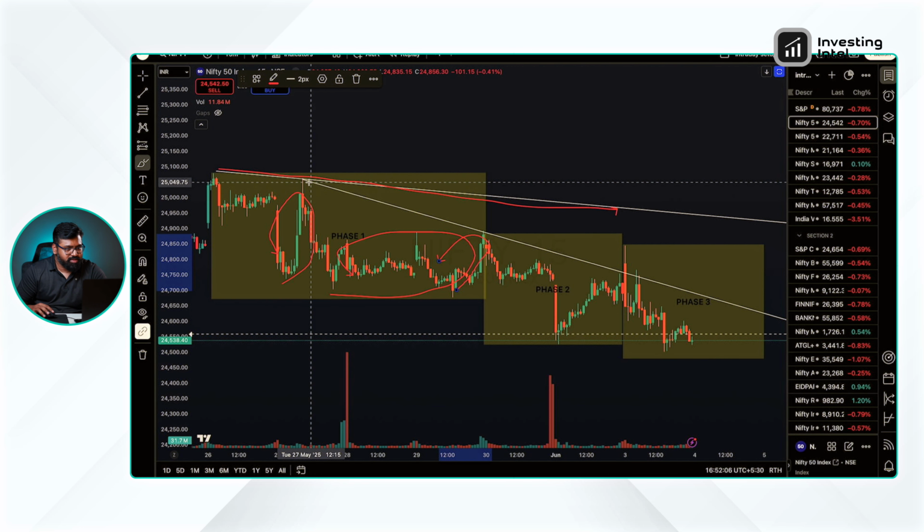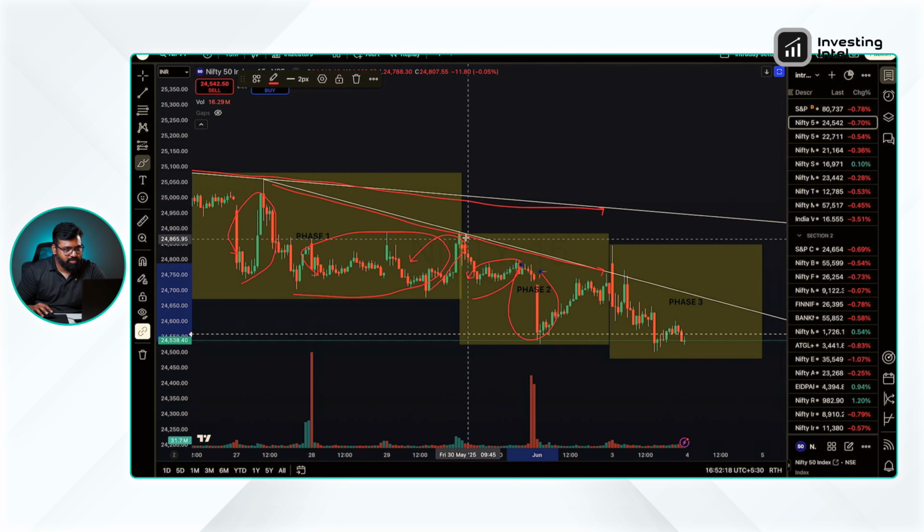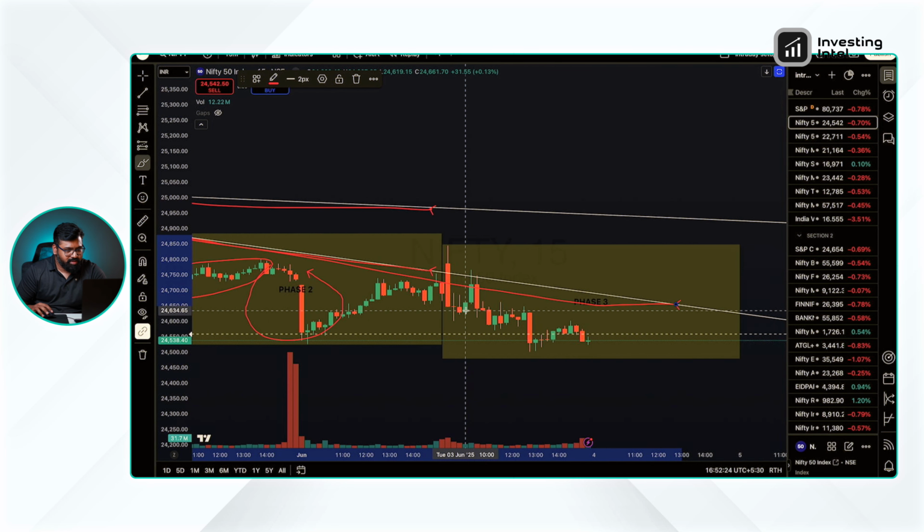This is the first, and this is the second phase of the trend, see the pullback and see the momentum. And when the market goes from this point to this point, it enters into a third phase, the pullback is very fast and again the recovery is very fast.